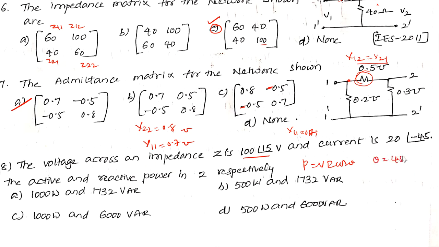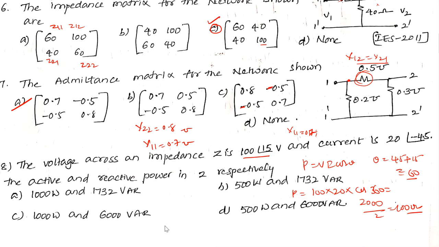Theta is nothing but 45 and the minus in here, so we can add it here, plus sign, so theta equals 60. So just use this here. P is equal to V is how much? 100 and 20 into cos 60 here. Okay, so cos 60 means 1 by 2. So 2000 by 2 is nothing but 1000.